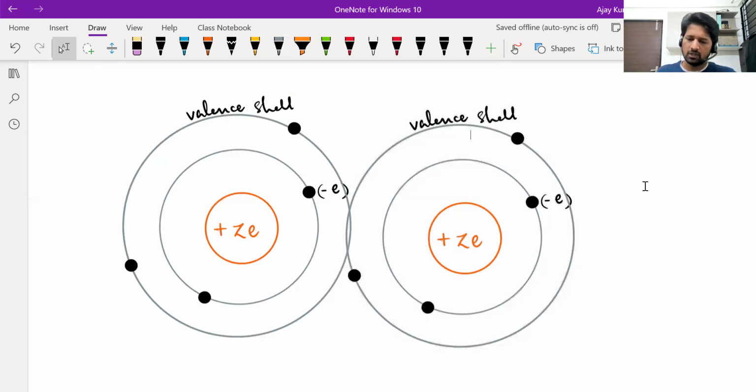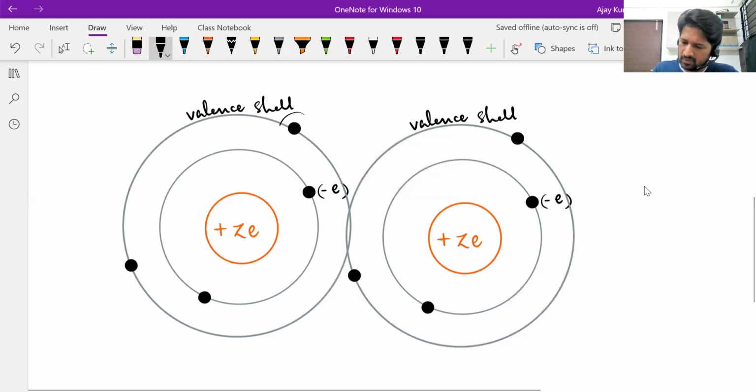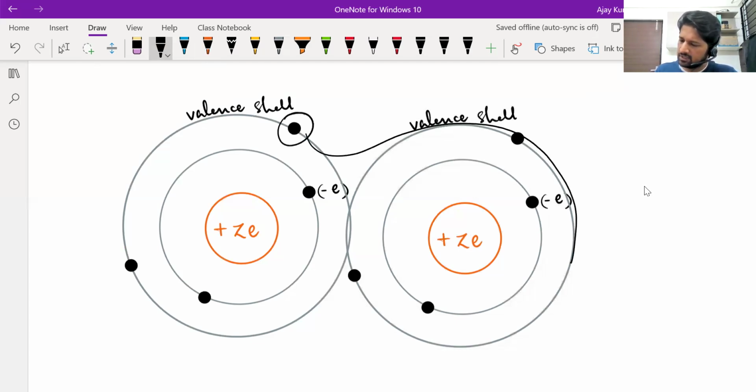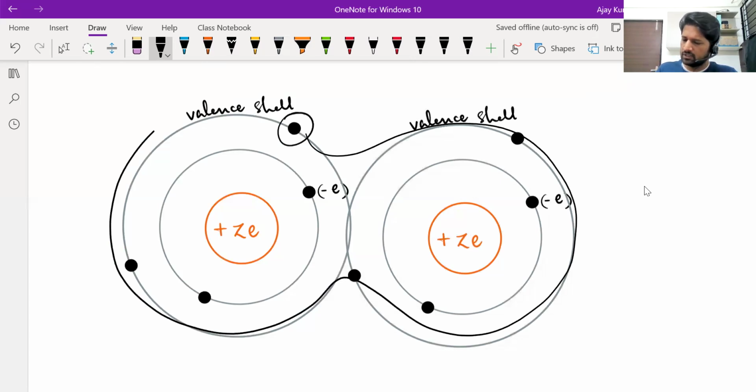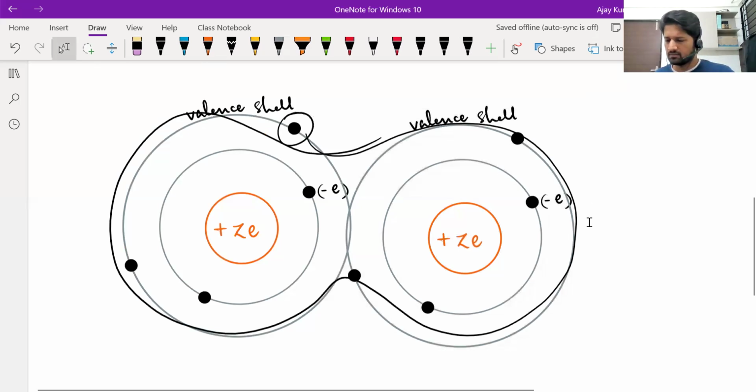When electron clouds overlap, the electron from one atom can sometimes go around the other atom as well. They'll be going around like this. The electron orbits will get disturbed when a bond forms. That is what happens in chemical bonds. Electrons will revolve around multiple nuclei, not just one nucleus.